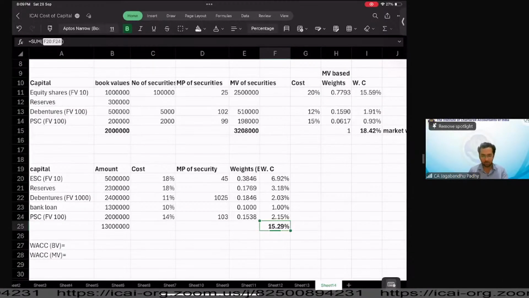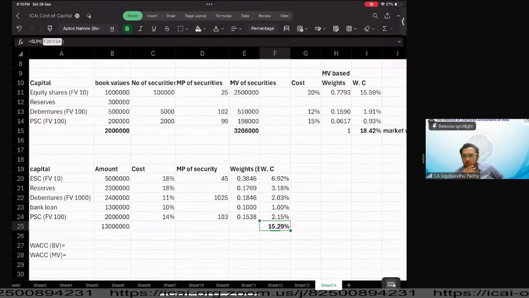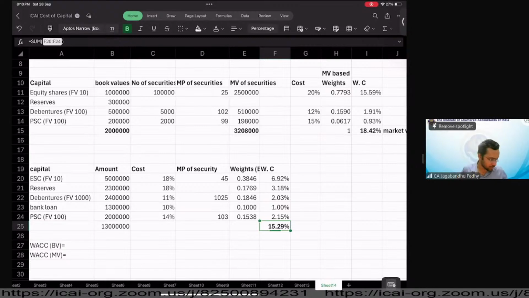Book value 15.29%. That's okay. Some here and there, something may be there. Some rounding effect will be there. That is okay. Approximately 15.2 is what we are expecting.